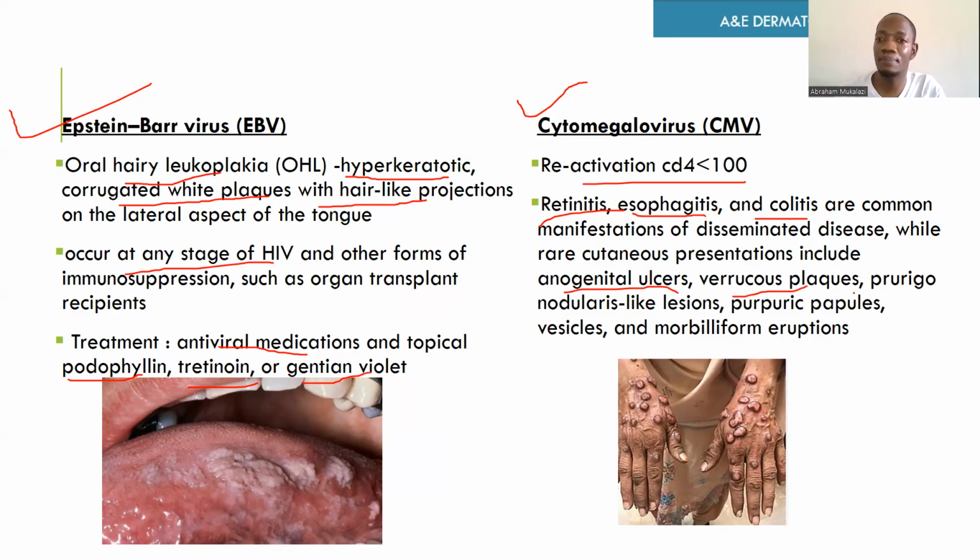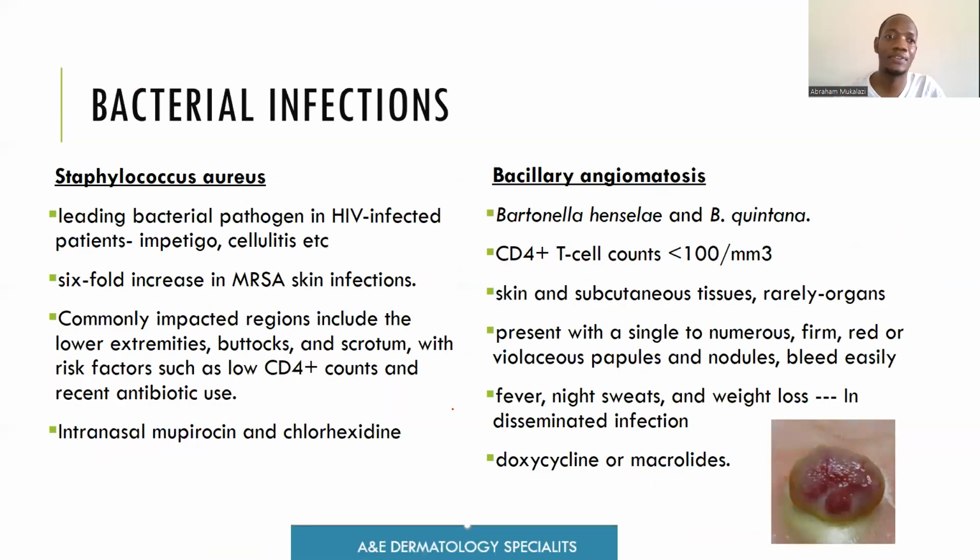They can get verrucous plaques, pruritic nodule-like lesions, and pruritic papulovesicles, and sometimes they can also develop a generalized measles-like or morbilliform eruption. As you can see, this patient has lesions that can mimic prurigo nodularis, but in this case, CMV was isolated, being the causative agent.